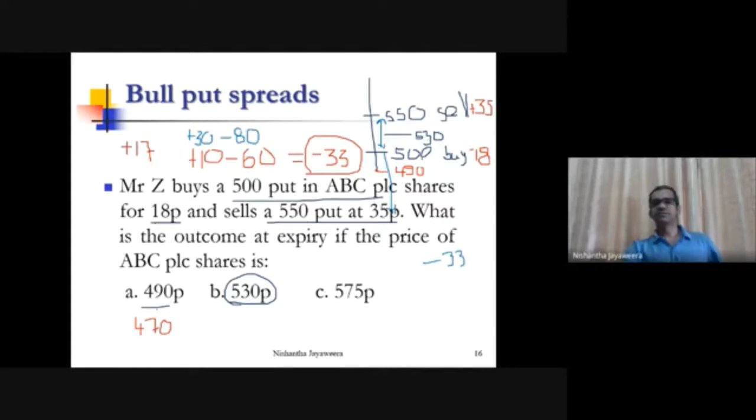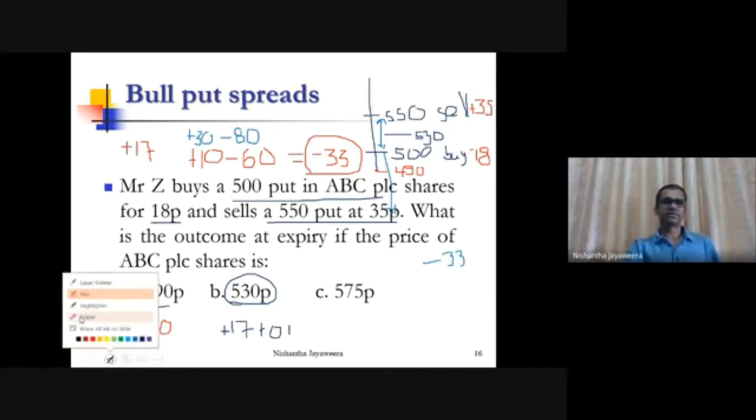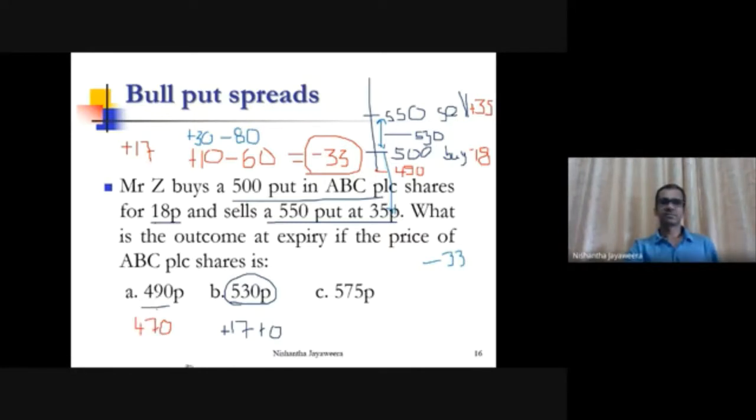So what is the cash flow there? This plus 17 is there, the premium, then 0. You don't exercise your right. Then what else? The buyer of the option at 550 will exercise his right.